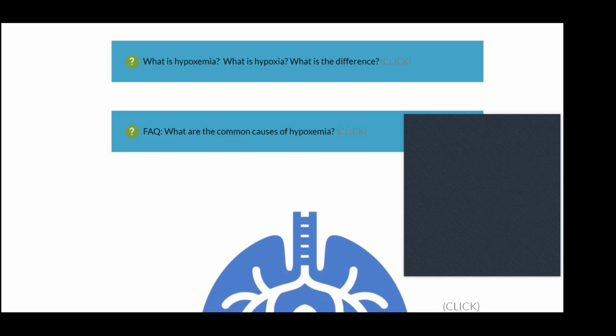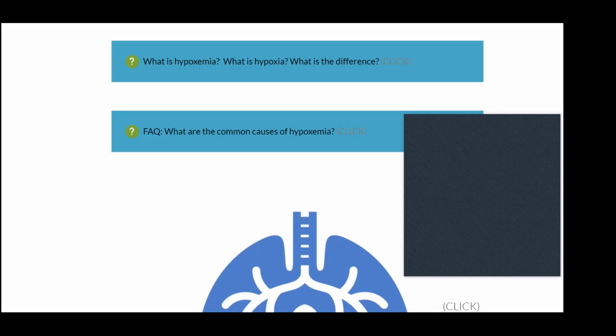Yeah, so I think in simple understanding, without going into so much detail, hypoxemia would refer to a reduced concentration of oxygen in blood, whereas hypoxia describes a reduction in the amount of oxygen available for cellular respiration. So with hypoxia, you do not have enough oxygen available at tissue level.